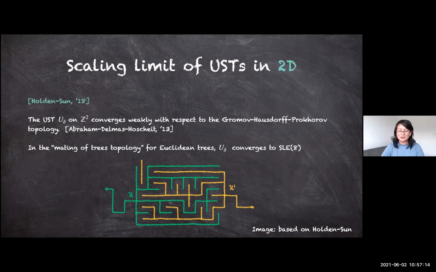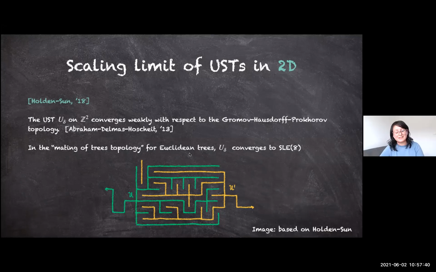And what they are able to understand is this convergence of the Peano curve in a strong sense, so including the parametrization. Then it's just a corollary to obtain the convergence of the uniform spanning tree in the scaling limit with respect to the Gromov-Hausdorff-Prokhorov topology. This is just a consequence of using some general result for convergence of random trees.